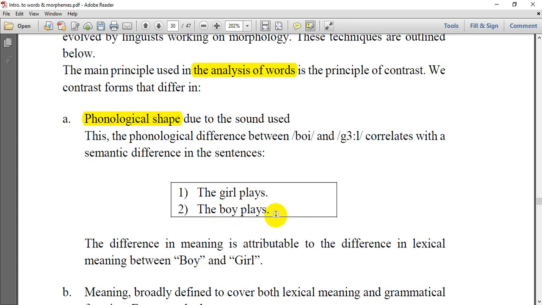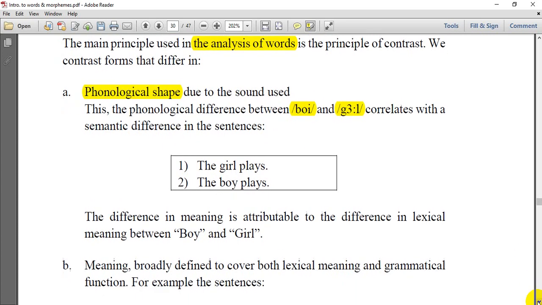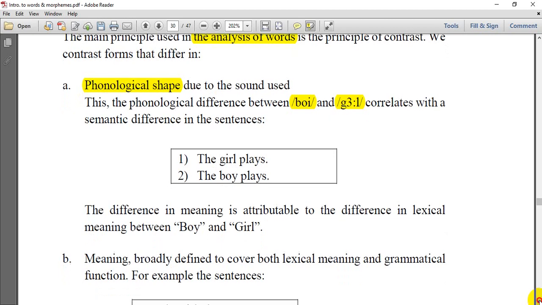The phonological difference between boy and girl correlates with a semantic difference in the sentences.